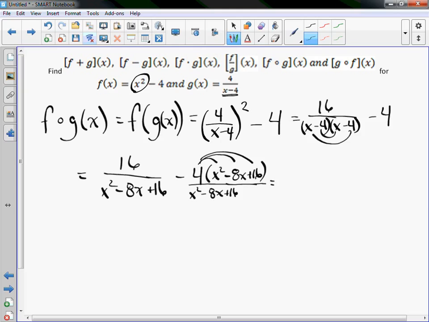So we have 16 minus 4x squared, 4 times 8, 32, minus 32x. And 4 times 16. Oops, forget that. We have 16 minus this whole thing, so make sure I put parentheses around that baby. And then 4 times 16, well, let's see, 4 times 6 is 24, and 4 times 10 is 40, so that's 64?